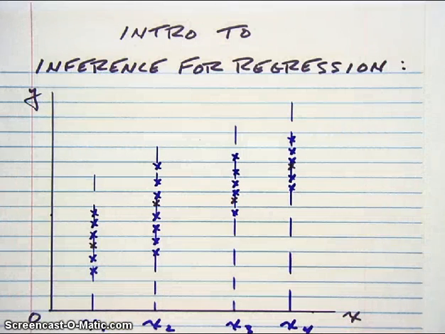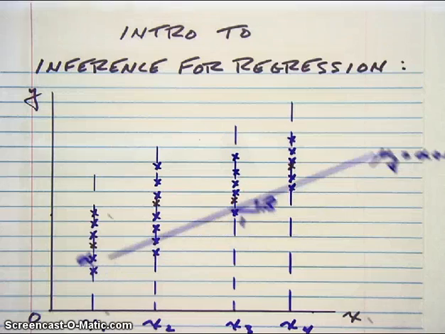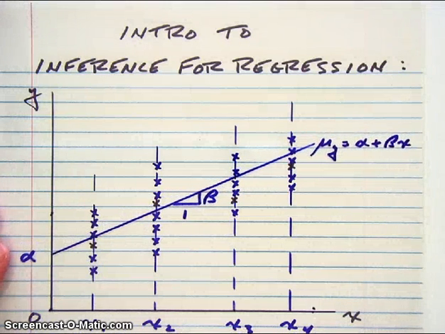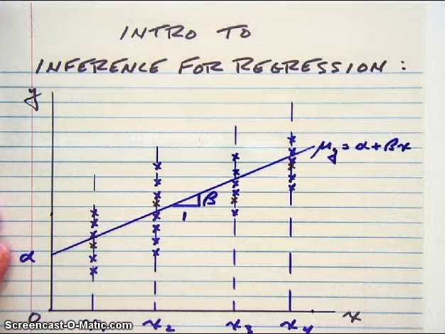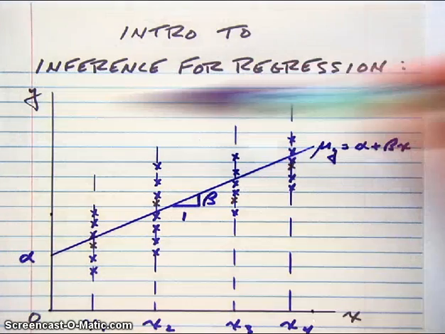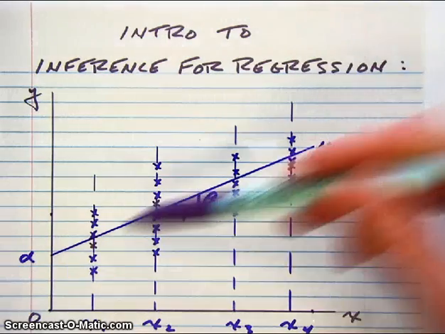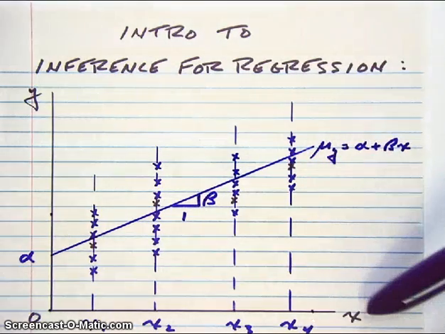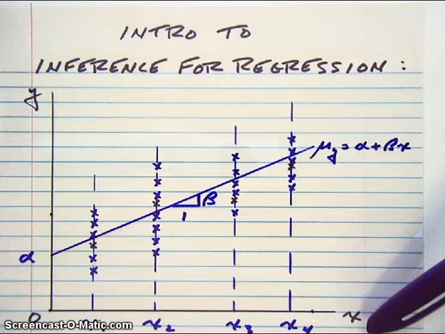Somewhere in this scatter plot, we believe there is a true relationship, because the true relationship is between not y specifically, but the mean of all the y values on each of these distributions and the x values in our data.